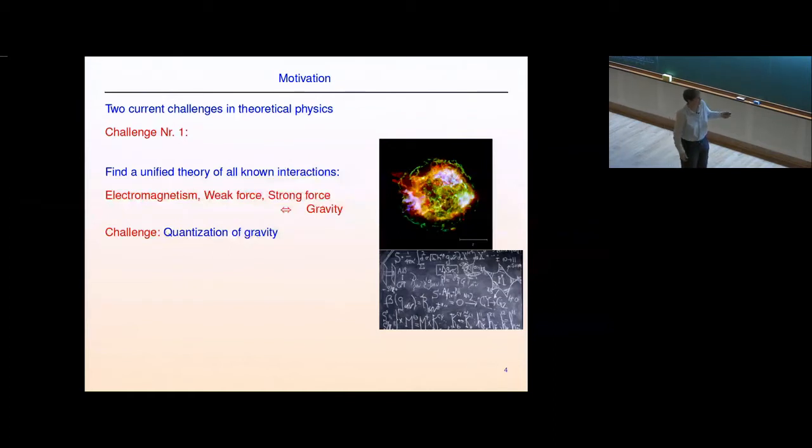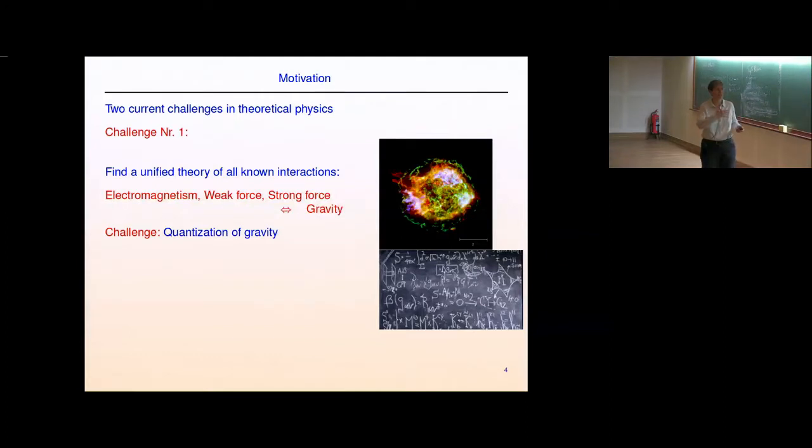On one hand, there are the theories of the standard model: electromagnetism, and the weak and strong forces. As you know, these can be formulated as quantum theories. On the other hand, the fourth force is gravity, but as you all know, gravity can't be quantized the same way as these other 3, and there are issues of non-renormalizability. So one of the challenges I would like to put forward is actually quantizing gravity and formulating a unified quantum theory of all known interactions.